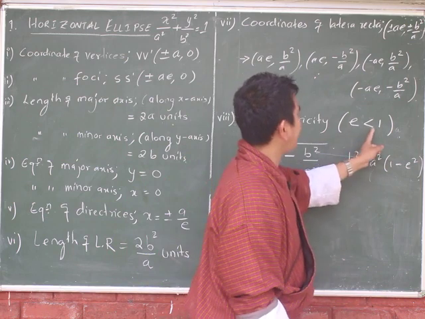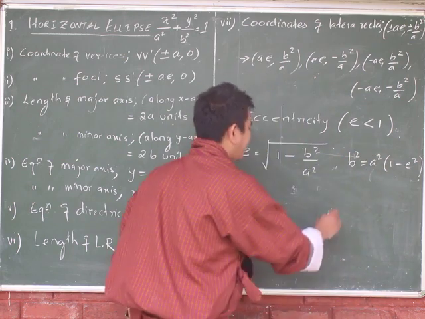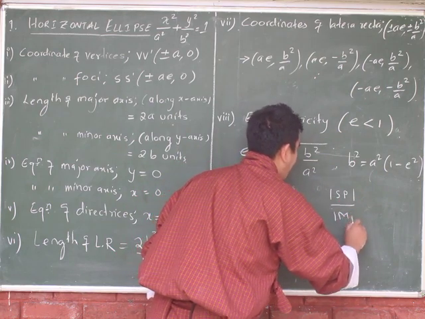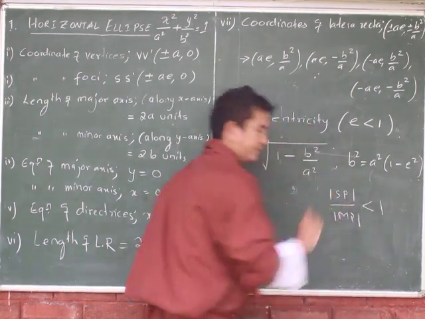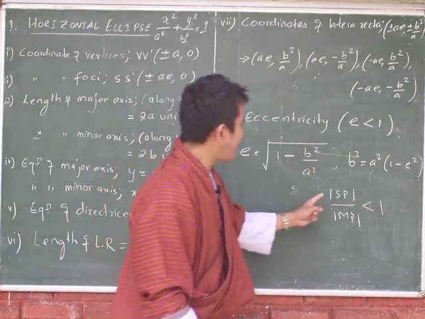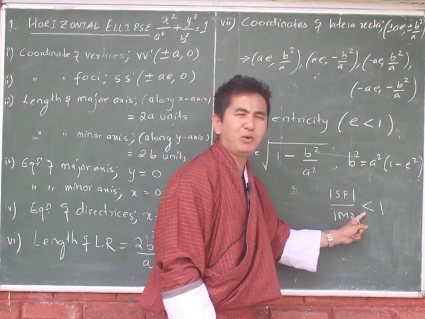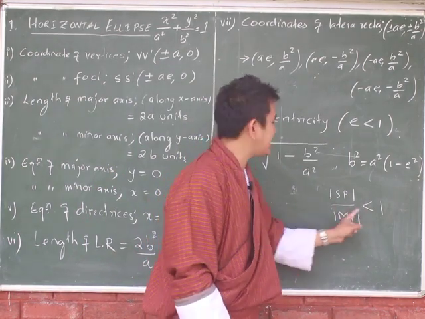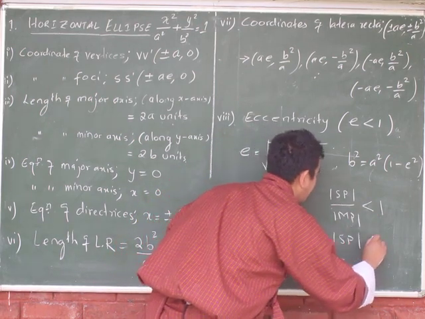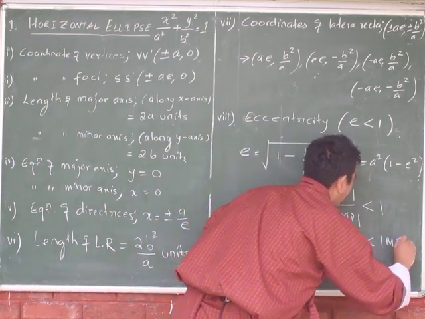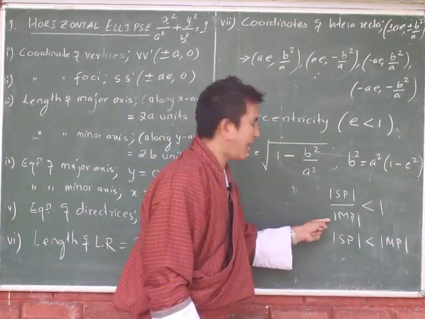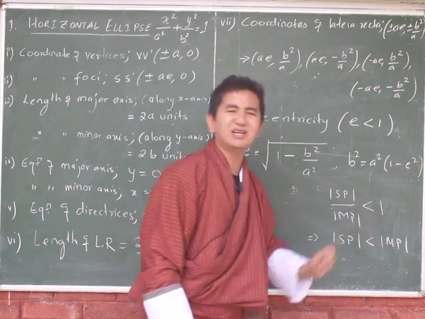Then here eccentricity value less than 1 means definitely modulus of SP divided by modulus of MP is less than 1, in case of ellipse. In case of parabola, modulus of SP divided by modulus of MP was equal to 1. But this case is less than 1, which implies modulus of SP is less than modulus of MP. Definitely a small number divided by a greater number will give less than 1.